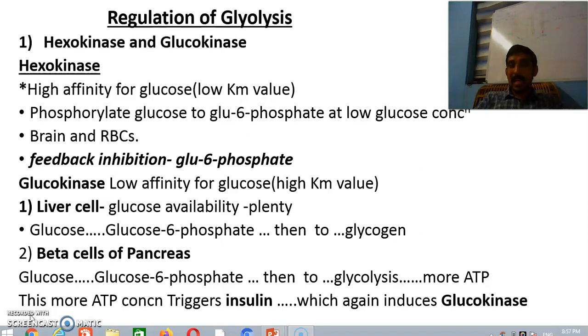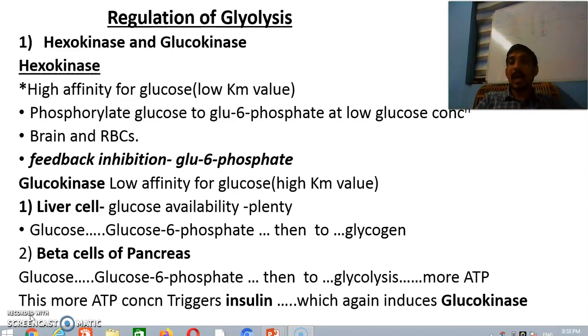Actually, hexokinase is the enzyme which mediates the first step in normal cells. That hexokinase shows high affinity towards glucose for converting it to glucose 6-phosphate. Actually, it's a kinase, a phosphorylating enzyme of glucose.